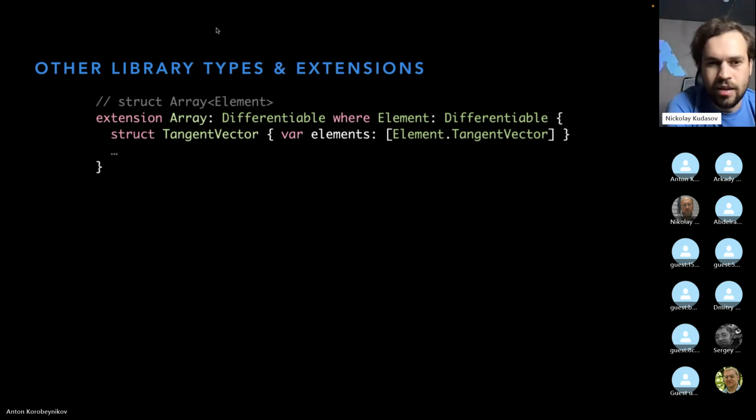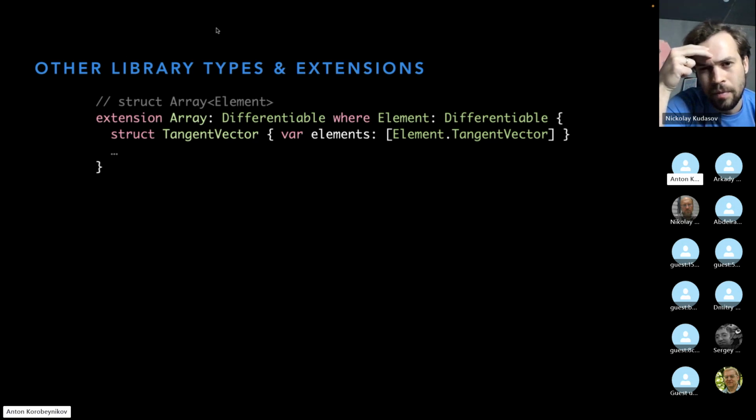Do I understand correctly that discrete types, like Boolean for example, are differentiable, but the tangent vector space there is just the trivial one, with only the zero vector, basically a single element, right? Not quite, because for Boolean to be differentiable, we need to define the tangent vector and the exponential map.